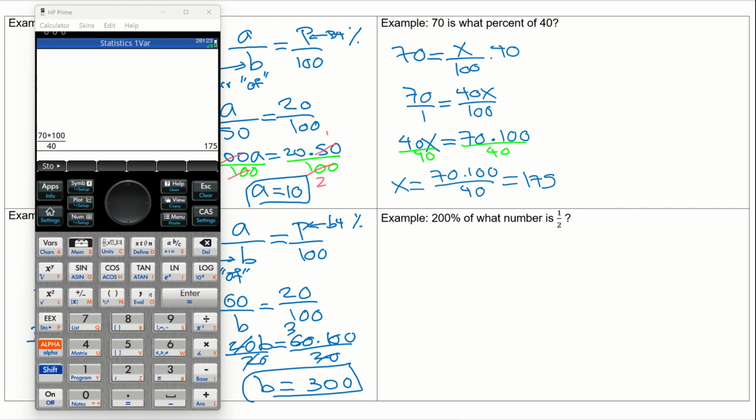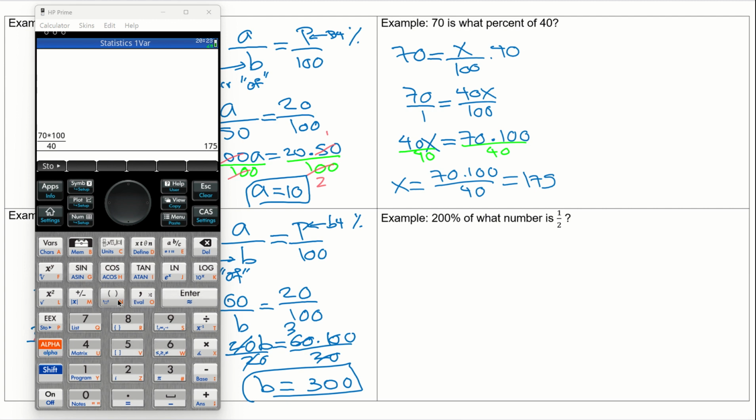Common sense check. Does it make sense? Well, yes, 70 is a larger number than 40, right? So it makes sense that 70 should be a percentage which is higher than 100 of 40. So it does pass the common sense check. Now, we can also do a quick check like this.